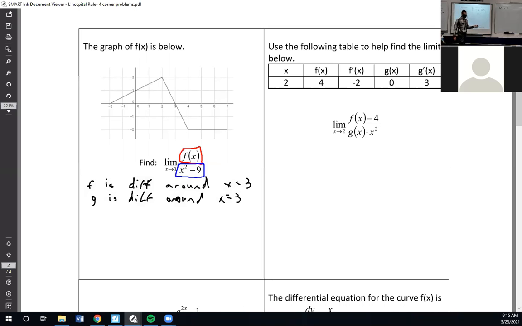Polynomials are differentiable, and the derivative exists around 3. There are places that it's not differentiable, like over at 2 and over at 4, but around 3, we're differentiable. So we're in good shape there.